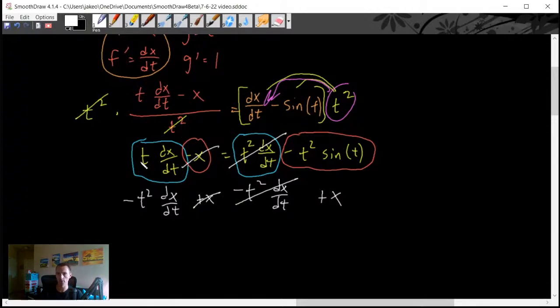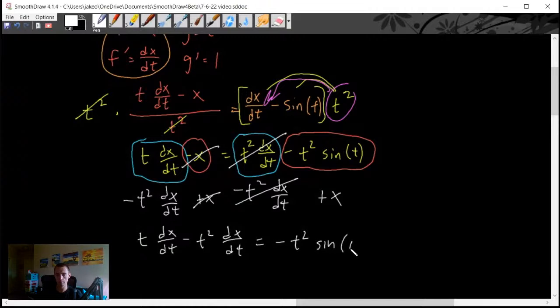So we're going to be left with, on the left side, t times dx dt minus t squared times dx dt equals negative t squared times sine of t plus x.